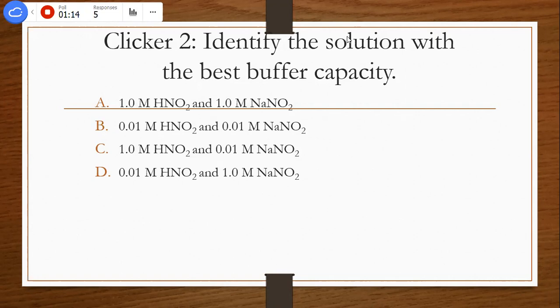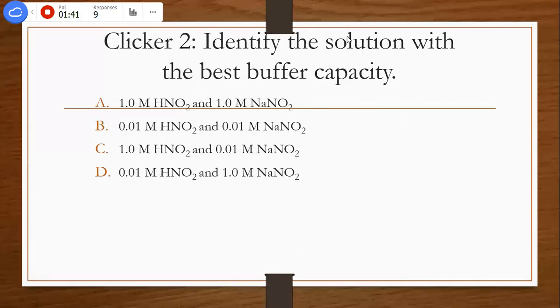Okay, so how would you figure this out? Would you have to put these numbers in? No, this is one of those ones you think about. Think about which acid could neutralize the most base, and which base could neutralize the most acid.